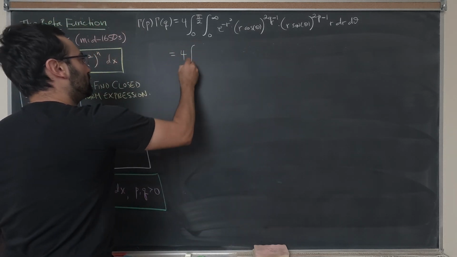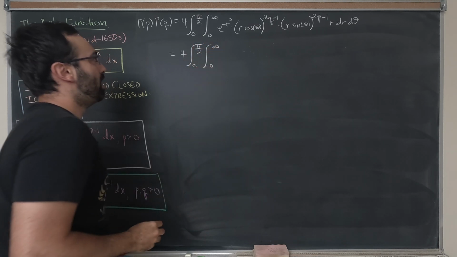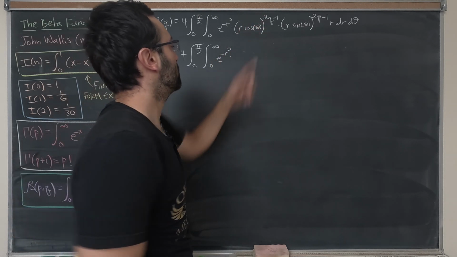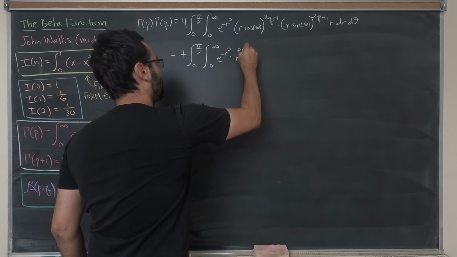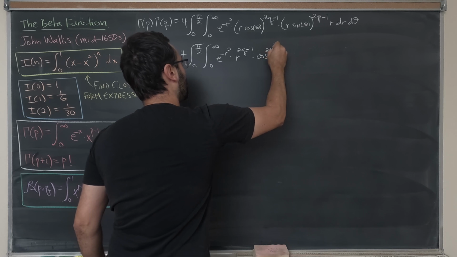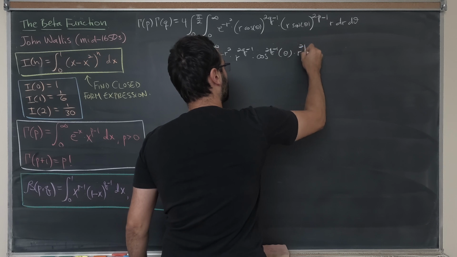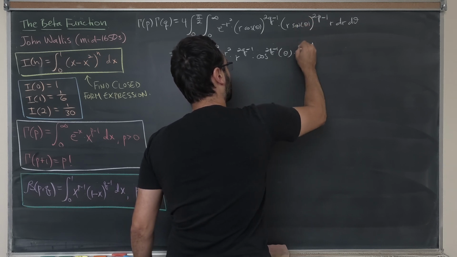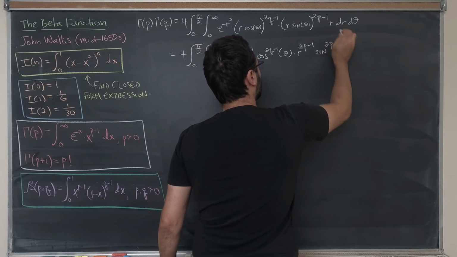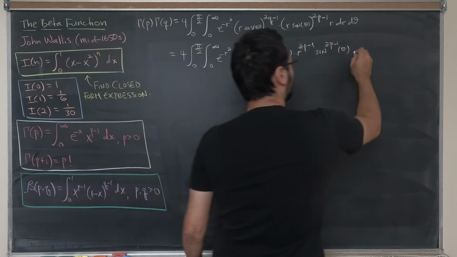We get 4 times the integral from 0 to pi over 2, and the 0 to infinity of, well, we have e to the minus r squared times r to the 2q minus 1 times cos to the 2q minus 1 of theta times r to the 2p minus 1 times sine to the 2p minus 1 of theta times r dr d theta.